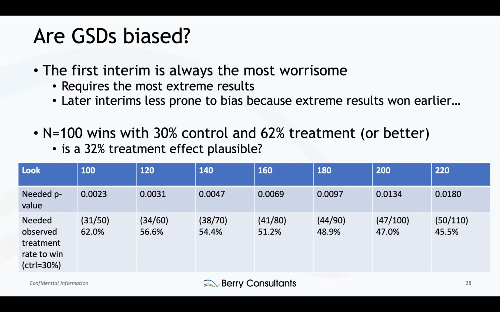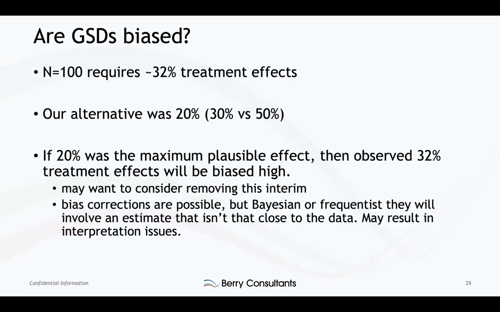Well, one question to ask is, 30% control, 62% treatment, that's a 32% treatment effect. So is that plausible? And the answer could be yes or no. Our alternative here, we powered the trial for 30 versus 50. If I don't think that a 32% treatment effect is plausible, then I shouldn't believe that the 32% is real.